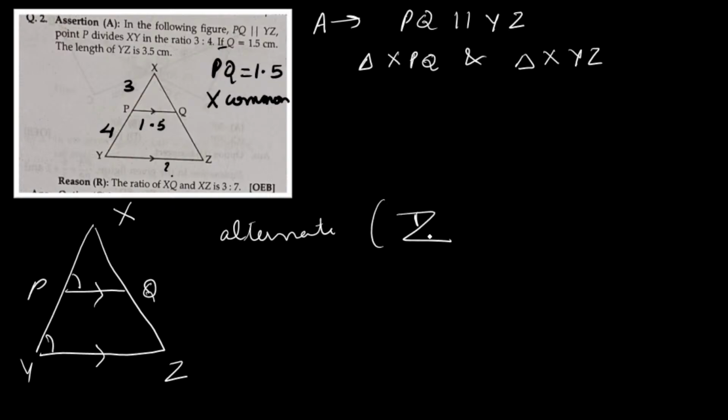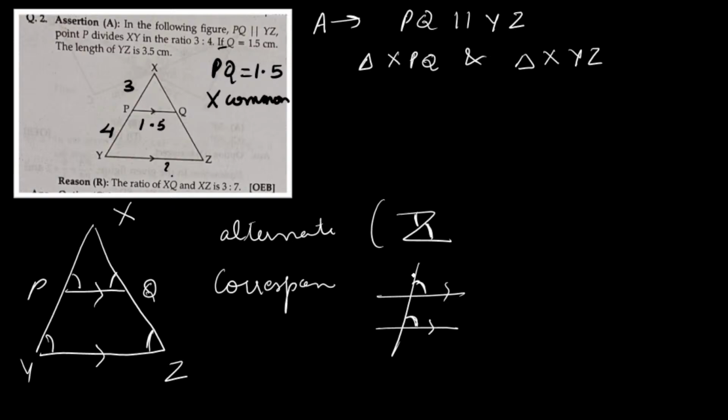And corresponding angles, if we have parallel lines, are angles on the same side of the parallel lines and the transversal. So here we are getting a pair of corresponding angles. You can see angle P and angle Y, they are making a pair of corresponding angles, and angle Q and angle Z, they are making a pair of corresponding angles.